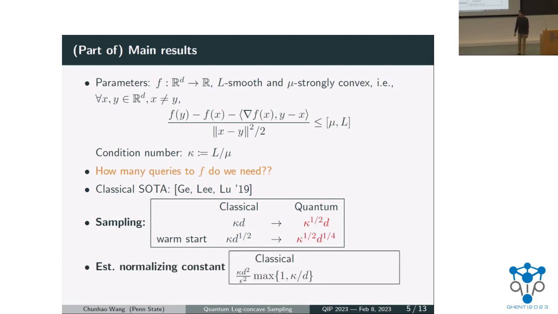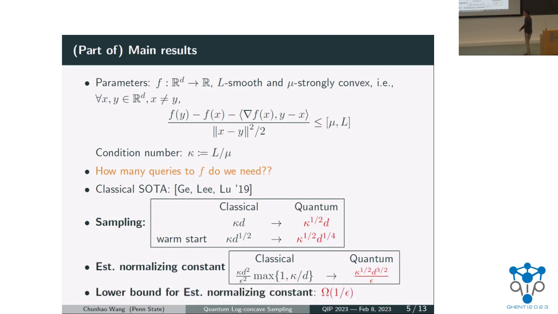For the problem of estimating normalizing constants, this is the classical query complexity. Quantumly we get polynomial speedups for all parameters. In addition, we show that a lower bound for estimating the normalizing constant is at least 1 over epsilon. That means the dependence on epsilon is tight, so there's no room to improve this dependence.